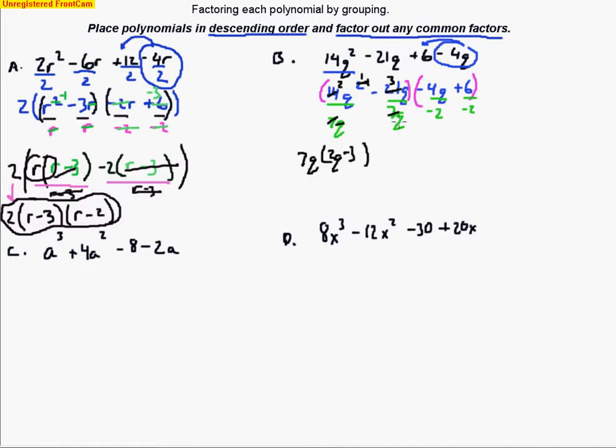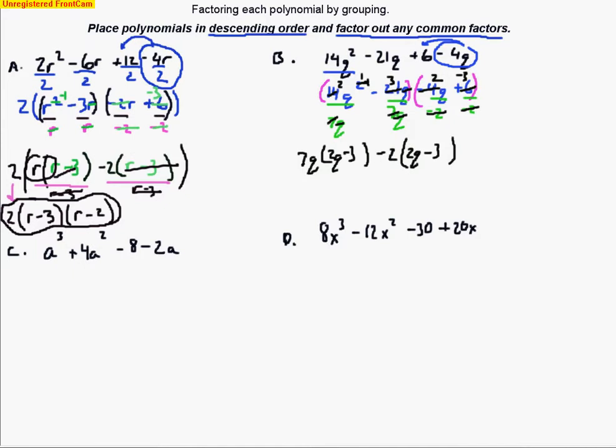And how many q's? Well, this q cancels out that q, so no more q's left over. Well, on the other side, what's left over? We have this negative 2, and we do some reducing. This negative 2 goes into negative 4 2 times, so we have 2q. And over here, this negative 2 goes into 6 negative 3 times, so we got negative 3.